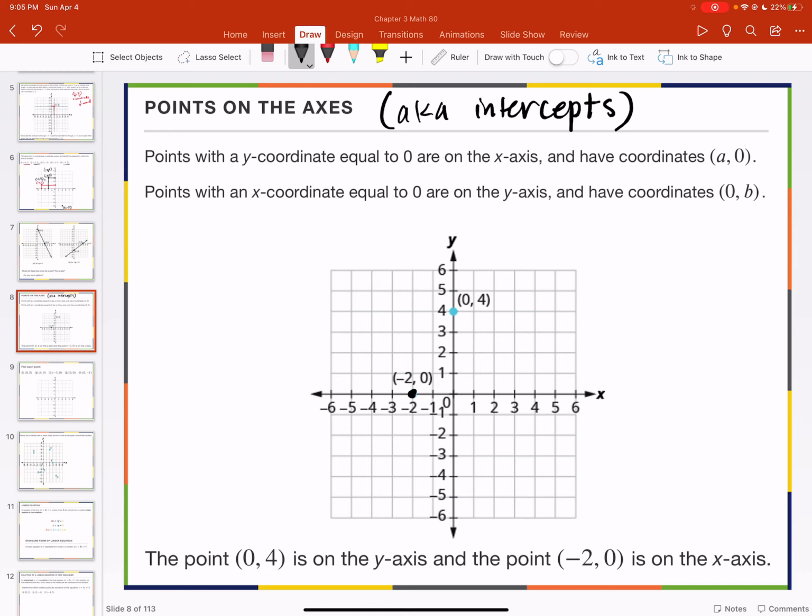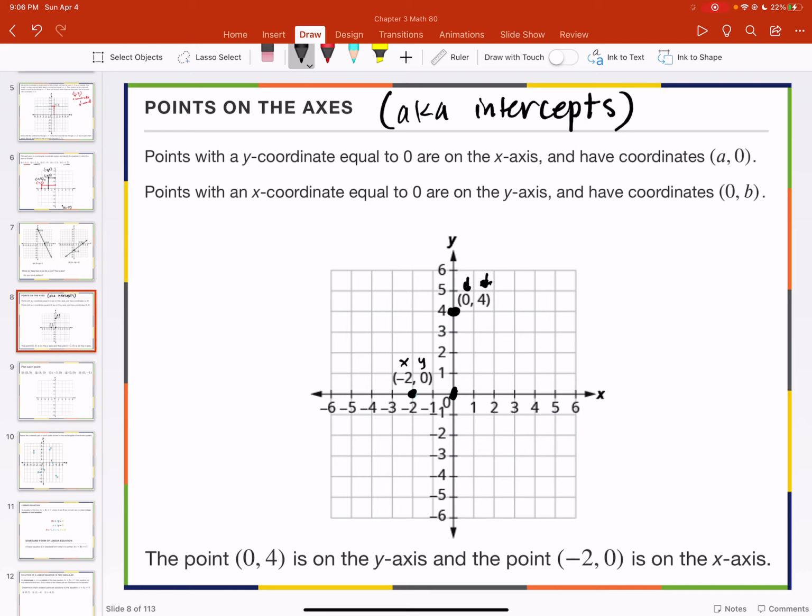So anything that's on the x-axis, y will equal 0, and then vice versa for the y-axis. Any point on the y-axis, the first coordinate will be 0 because it's a 0 value for x, and you'll have the number on the y part.